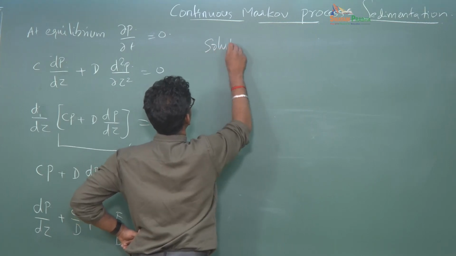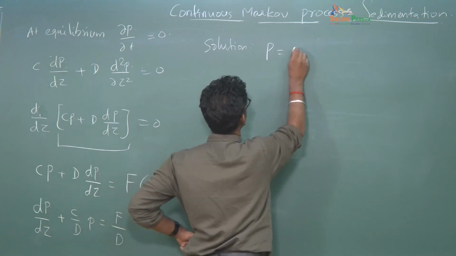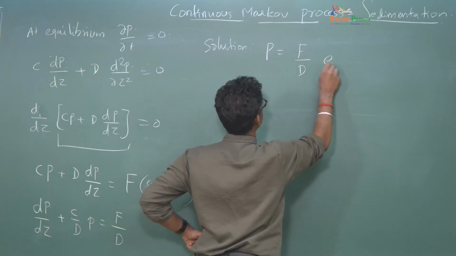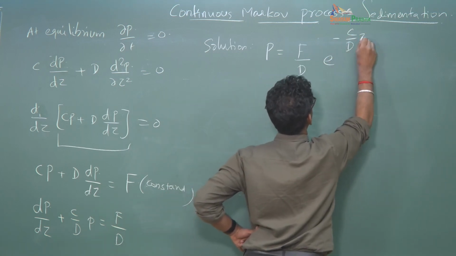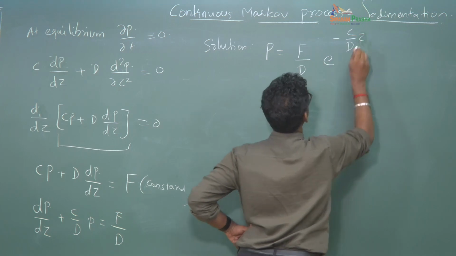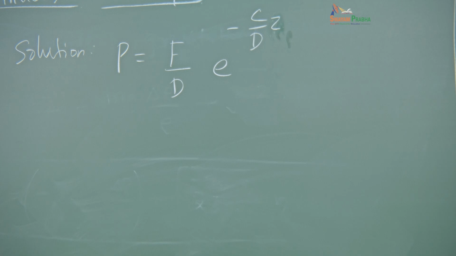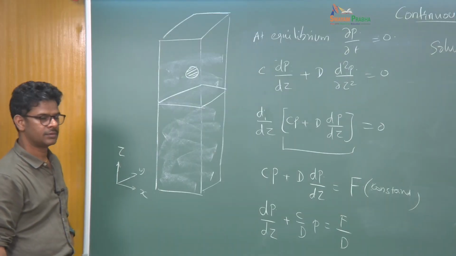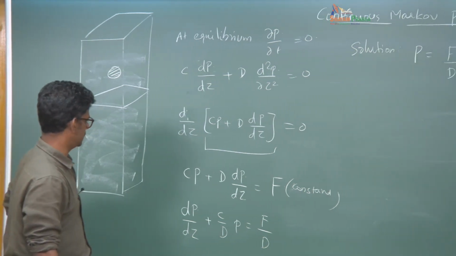So the solution would be P is equal to F/D times e to the power minus C/D z, something like this. D should get cancelled. F by C.